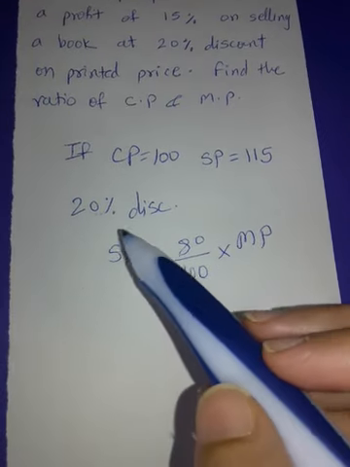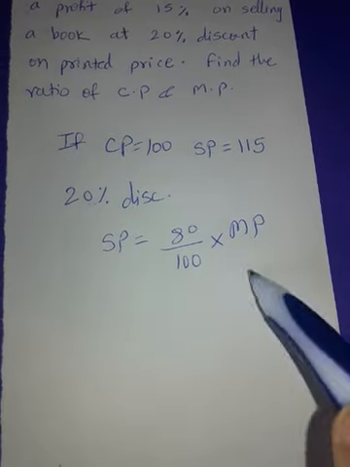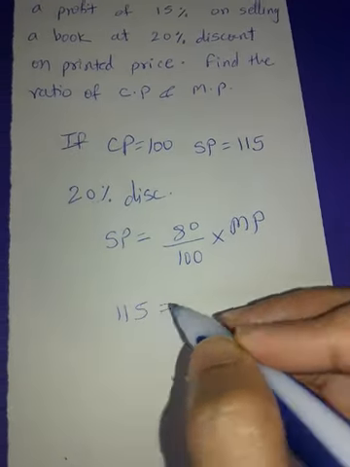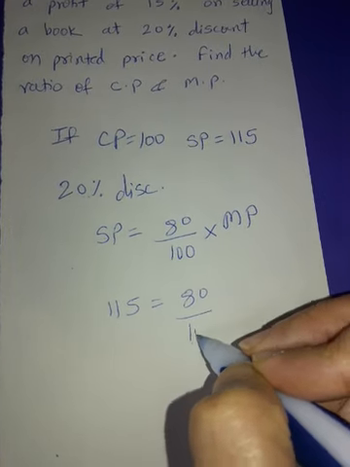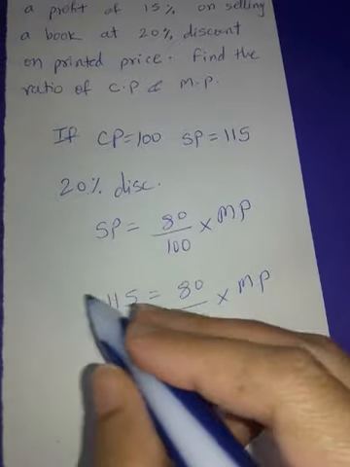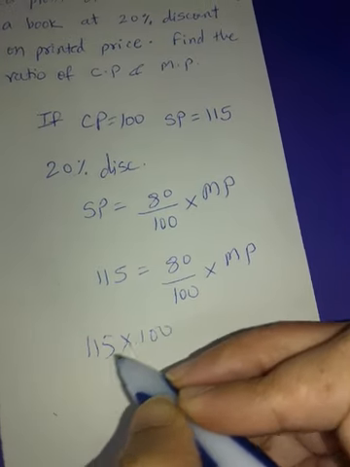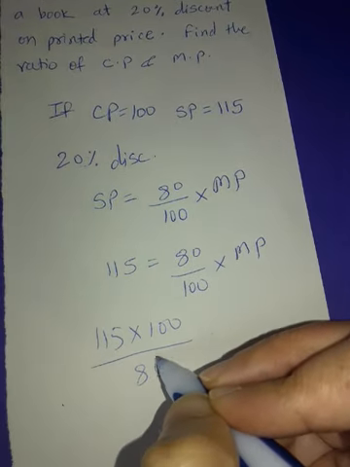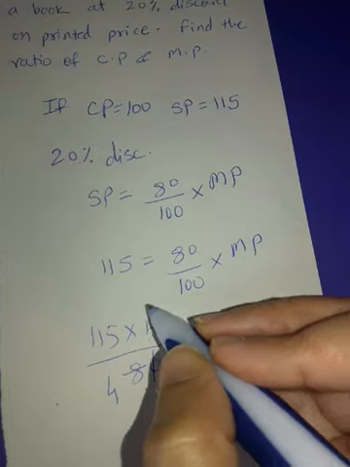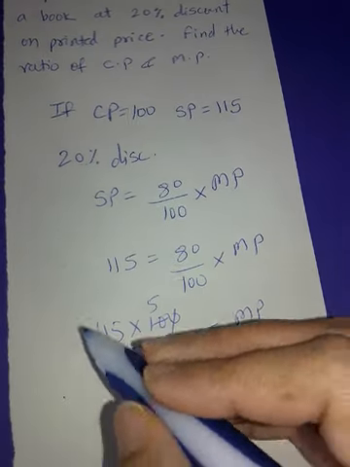I think by now this concept must be clear in your mind. SP is 115. So 100 goes here, 80 comes below. We will arrive at some MP.